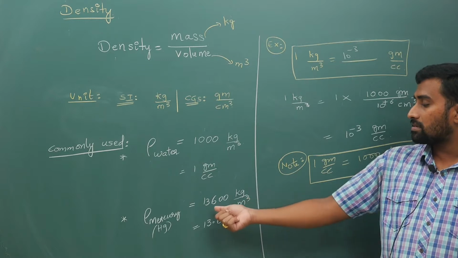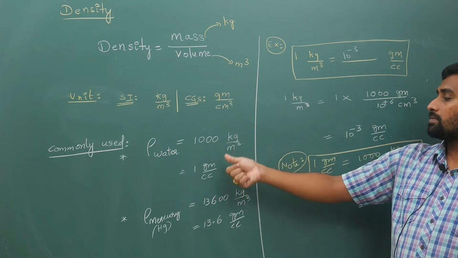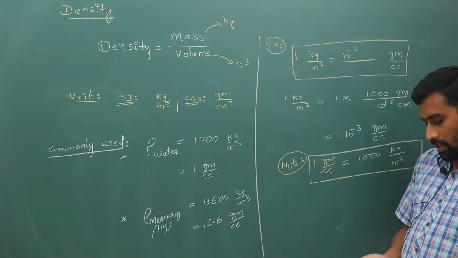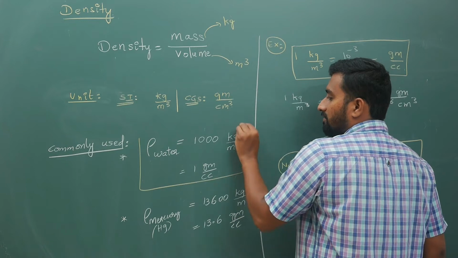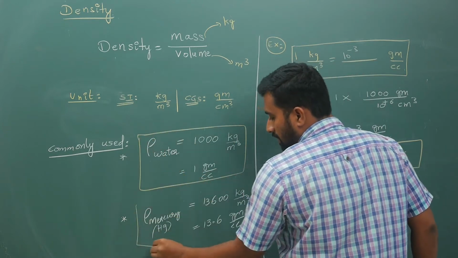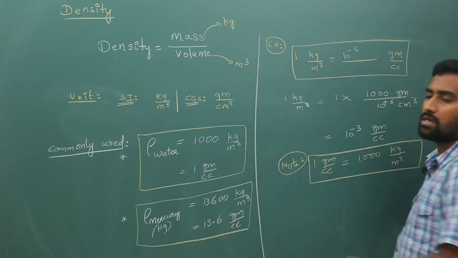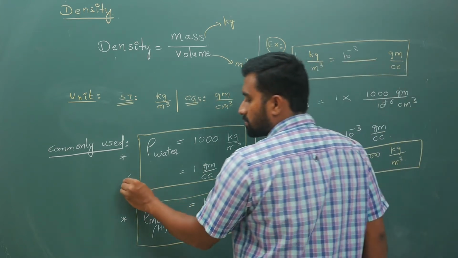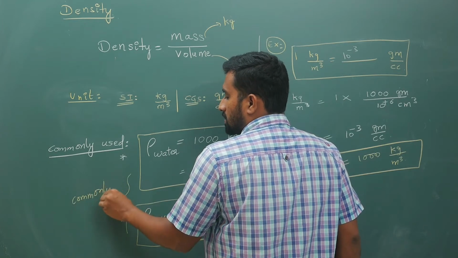So multiply 13,600 by 10 power minus 3 and you get 13.6. Multiply 1000 by 10 power minus 3 and you get 1. This you are supposed to remember, it is very important and commonly used.